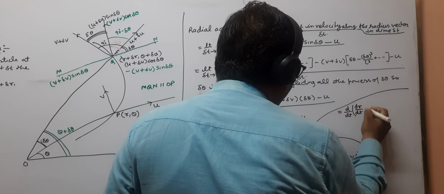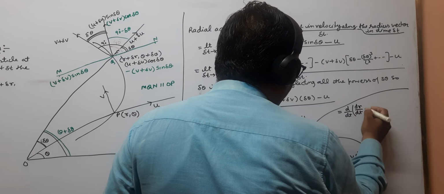We know that u is the radial velocity, and radial velocity u is equal to dr upon dt. And v is the transverse velocity, which is equal to r d theta upon dt.